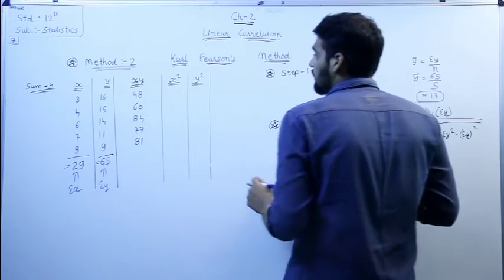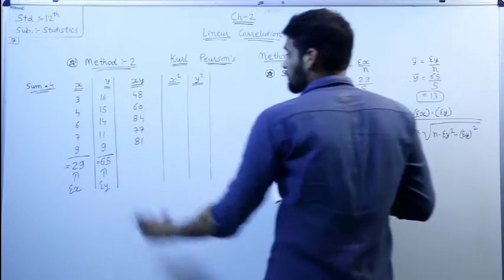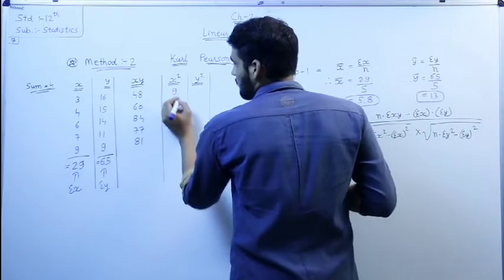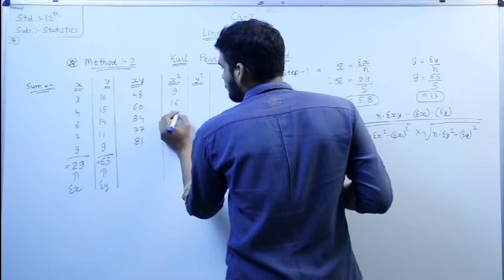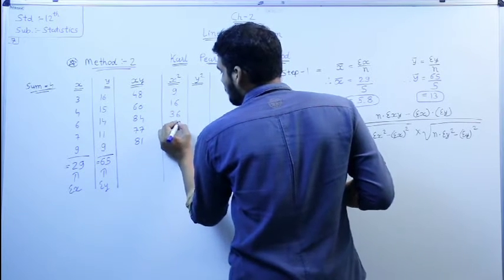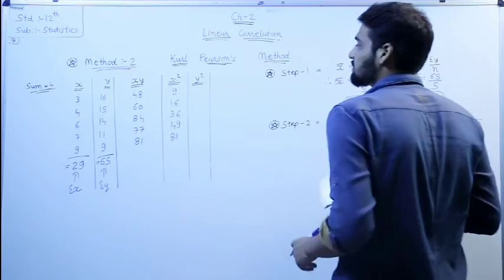Okay, and now we find the remaining two columns, x square and y square. So 3 square is 9, 4 square is 16, 6 square is 36, 7 square is 49, 9 square is 81. And now we find the y square column.